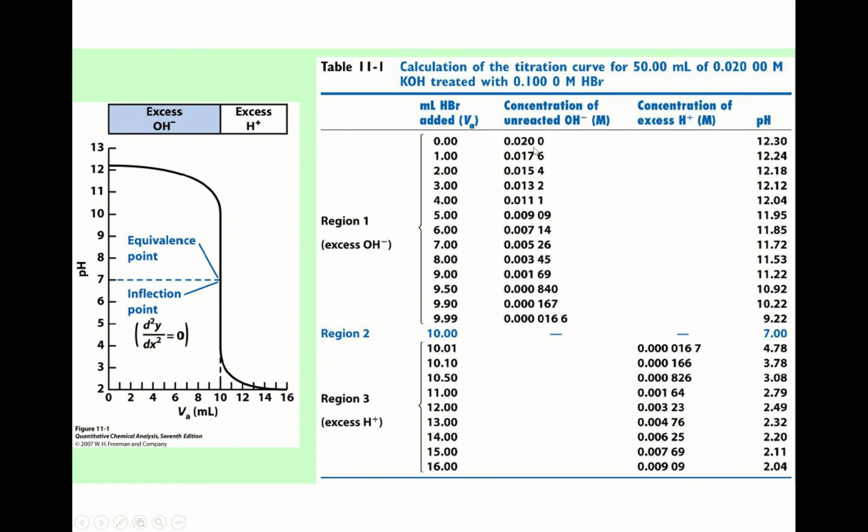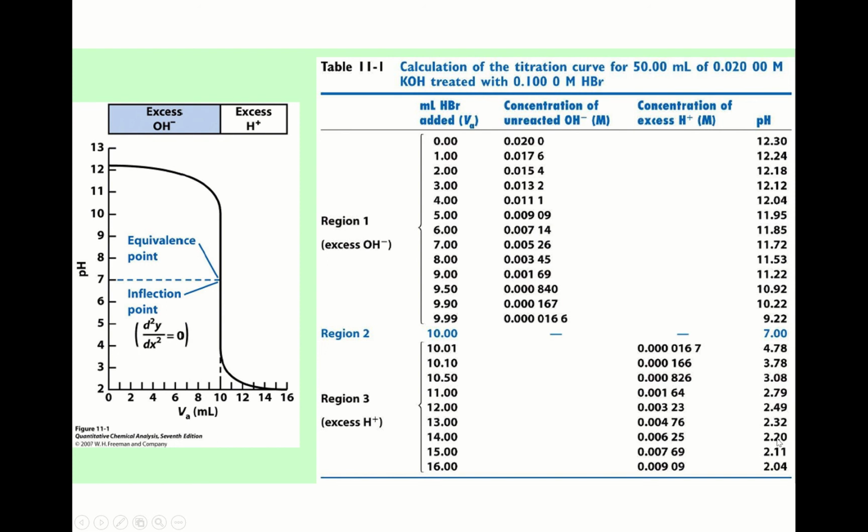Here is the table of the calculation of the titration curve for this one. The initial pH, when no HBr was added, is 12.30, and then as you add more and more strong acid, pH decreases, and then abruptly falls down.